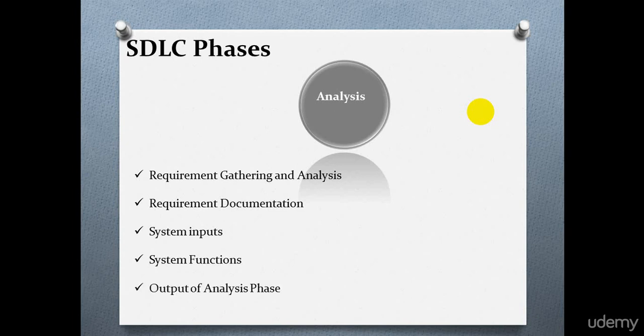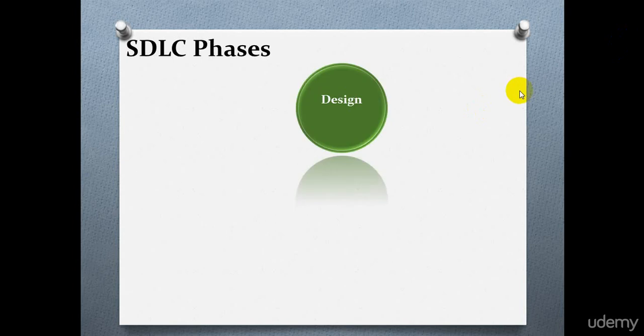And the next phase of SDLC is design. So in this phase, requirements and functionalities which are identified in the analysis phase are transformed to a detailed design specifications. Design specifications define how to meet functional requirements and are used by the development team in the coding phase.